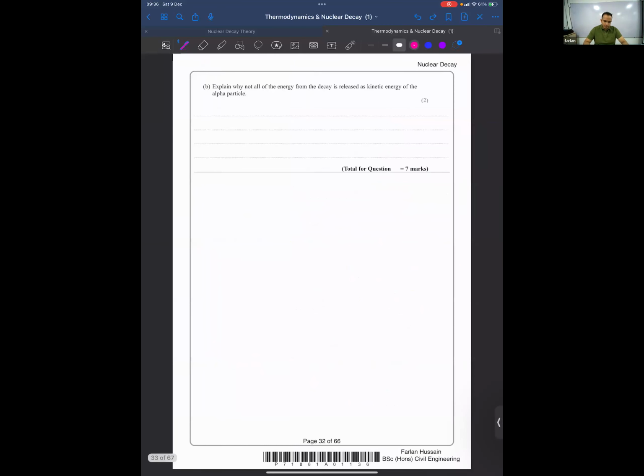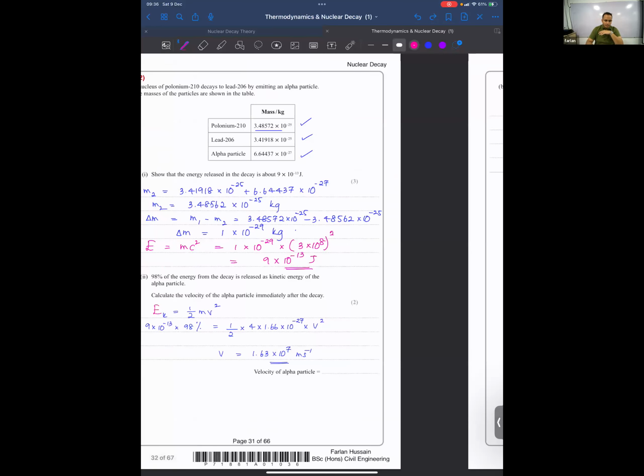But the next one: explain why not all the energy from this decay is released as kinetic energy of the alpha particle. Correct? Energy can be lost. Is alpha particle the only particle emitted here?